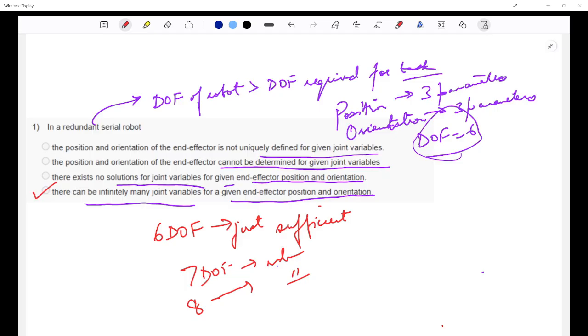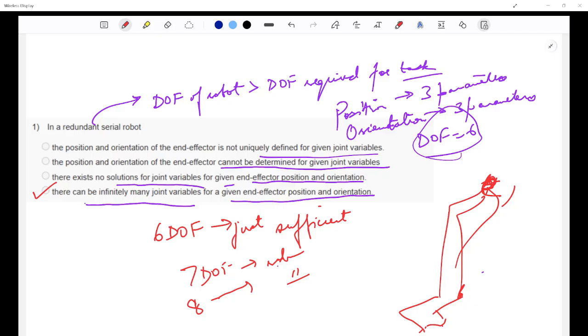This means that the robot has more joints than necessary to reach a pose. For example, if you want to reach here, it can be done in multiple ways. A couple of joints could tweak this and you'll still be able to reach it. There is not a unique solution. Multiple joint configurations can produce the same end effector pose, and for example, a 7 DOF arm reaching the same point can bend its elbow differently.